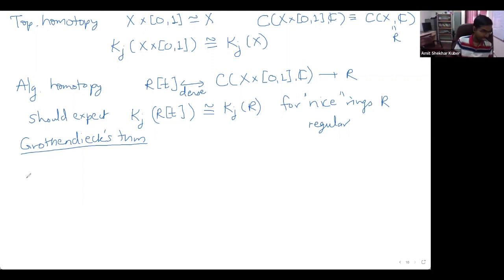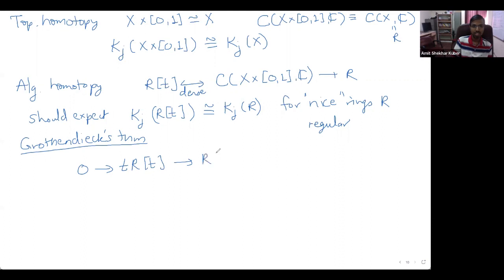In fact, we can also say that if R has right global dimension n, then the right global dimension of R[T] is at most n plus 1. That happens because of a free resolution of R as an R[T]-module.